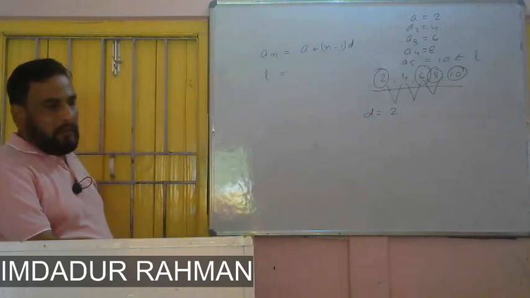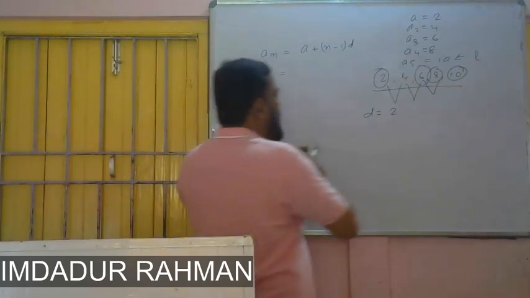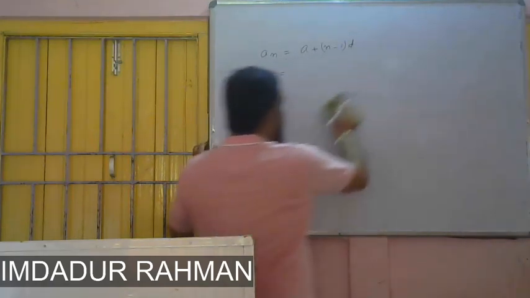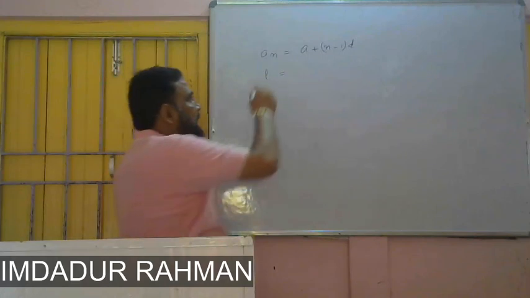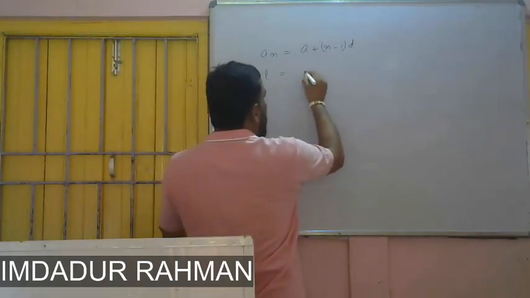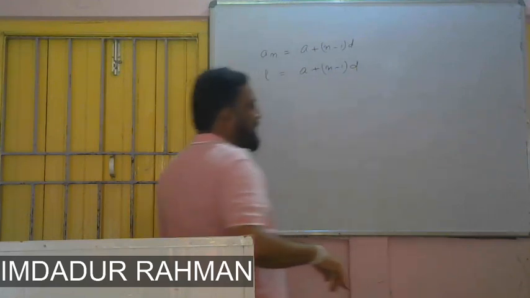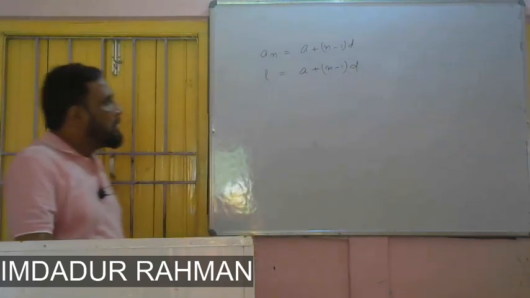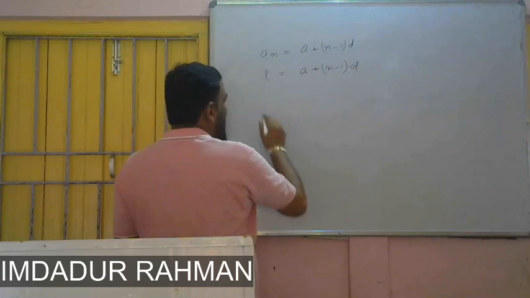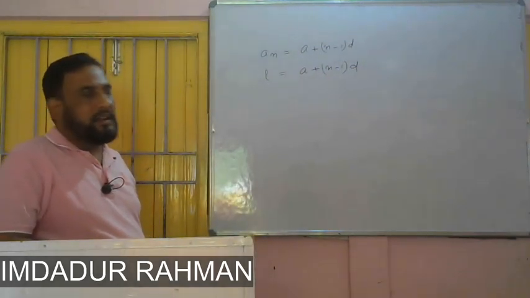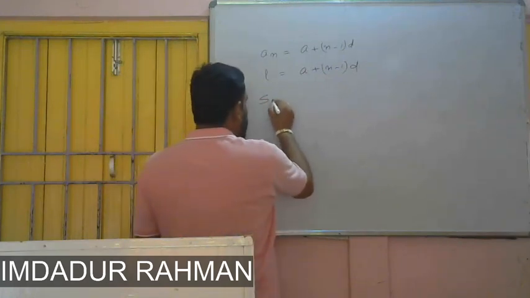Okay. Now, the formula of the last term and An is the same: A plus (n minus 1) into D. Write down the formula. And in the next exercise, we will get the sum of n terms, that is Sn.